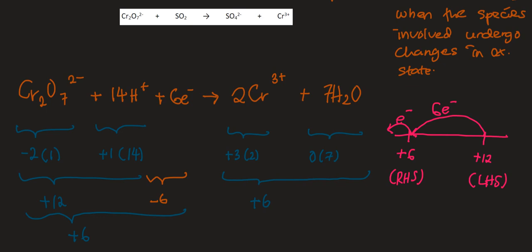Okay, so now the half equation for this dichromate ions to form chromium 3+ ions is already balanced. So now we proceed with the next half equations.